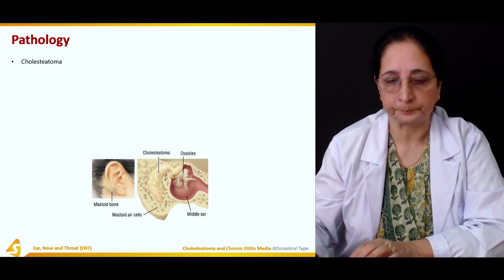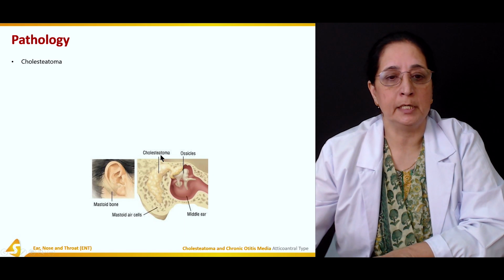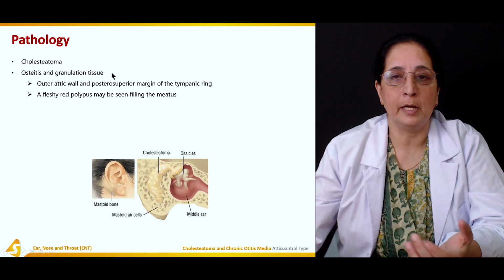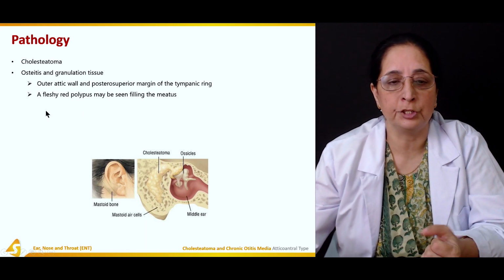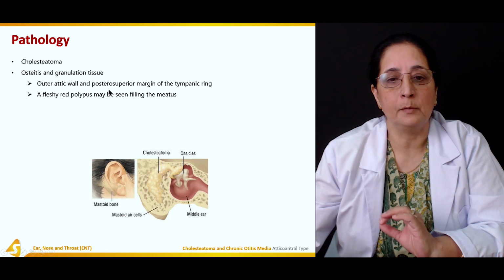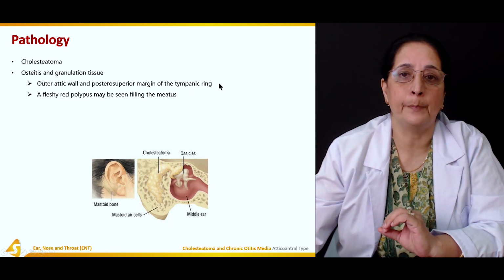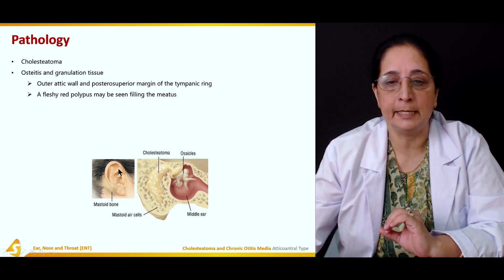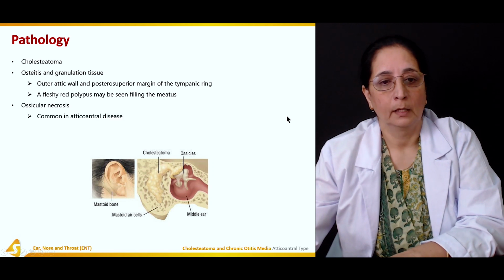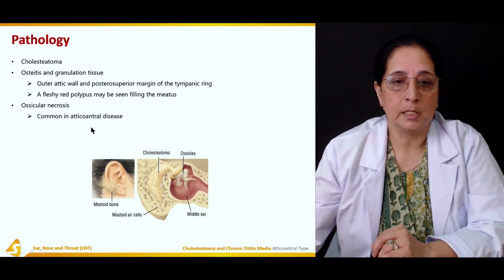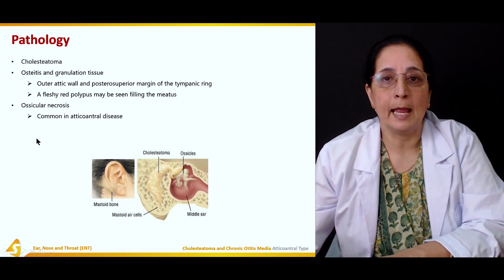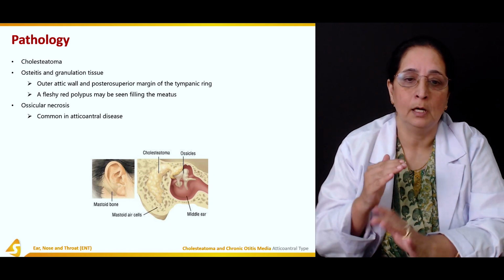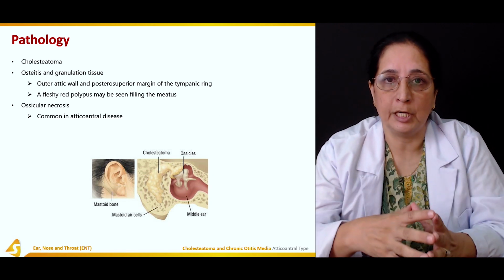Pathology: it is usually associated with cholesteatoma. There is also inflammation of the bone and granulation tissue formation, in the outer attic wall and postero-superior margin of the tympanic ring. A fleshy red polyp may be seen filling the meatus. Ossicular necrosis is present, which is very common in Atticoantral disease. Atticoantral is more dangerous and serious.